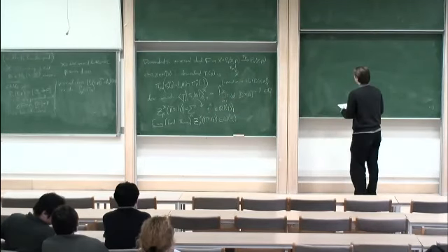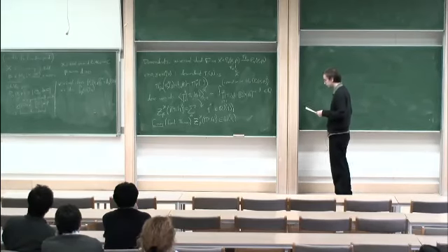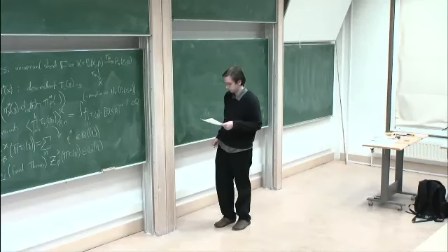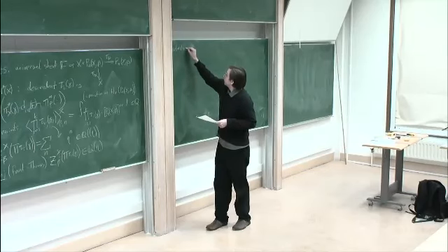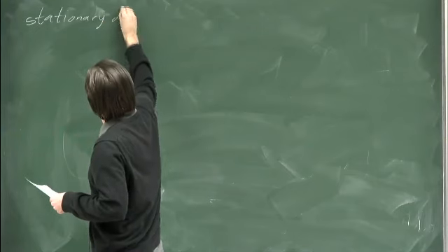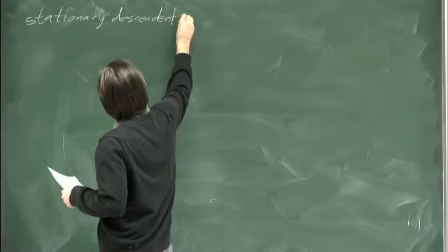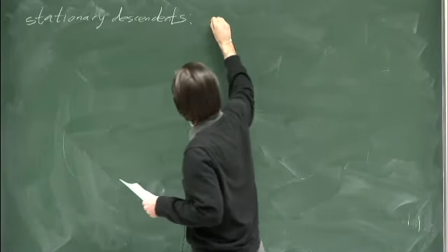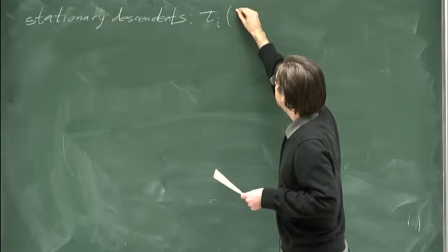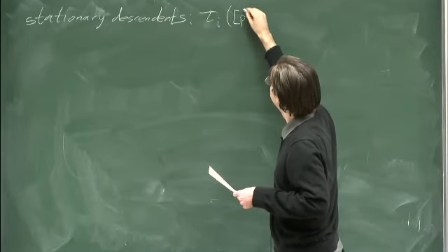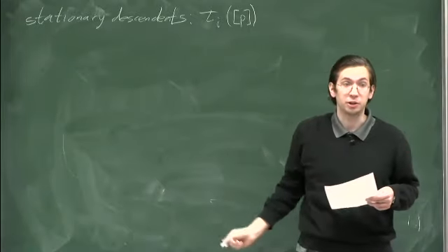So stationary here just means that this will be tau_i of a point class.